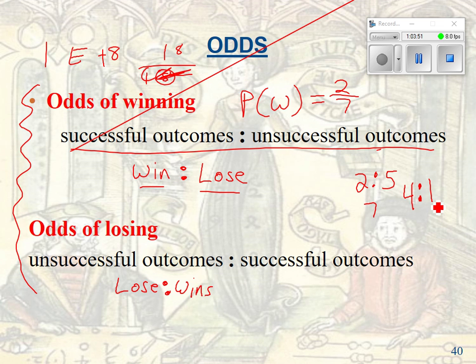So for every $4 that you bet, they're going to pay you back $1. So if you bet $40, they're going to pay you back $10. You don't lose your $40, you still get it also. So you just get 10 on top of it, but you don't win very much.